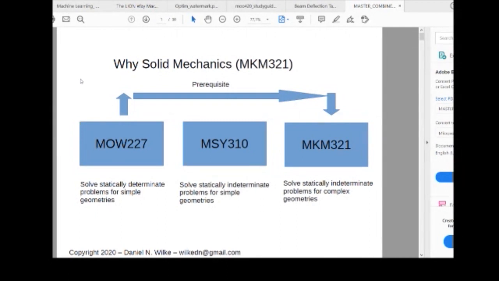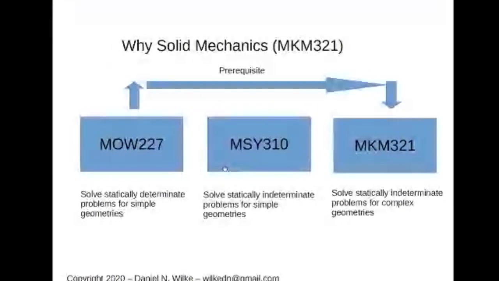All right. And before I continue with this, I just want to be clear that if you want additional examples and additional information, for the MOW227 students, you're welcome to go to your Shigley book to look at what you've done there. Also, I can highly recommend the MSY310 book, the Gere and Goodno book. That's another good book to look at.